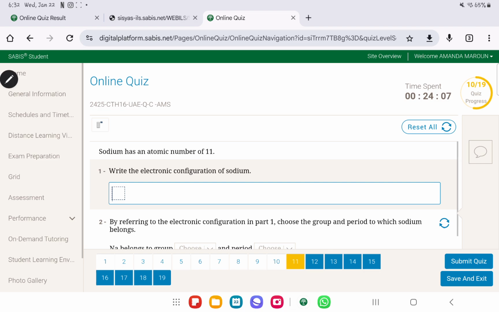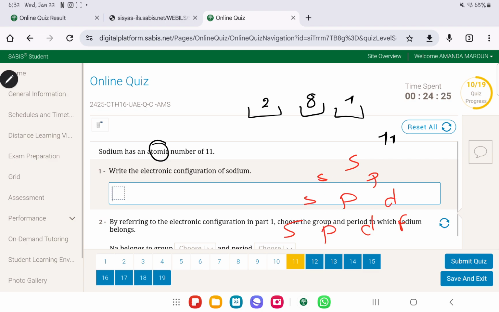Here, pay attention. They did not say anything about a sodium ion, so we are working with a sodium atom. That means it is 2, 8, 1. In total, it is 11. So if we do the s, sp, spd, and then spdf, then we have 1, 2, 3, 4, 2, 3, 4, 3, 4, and then 4.